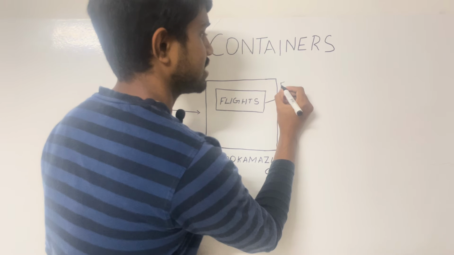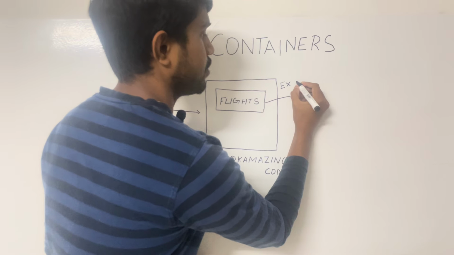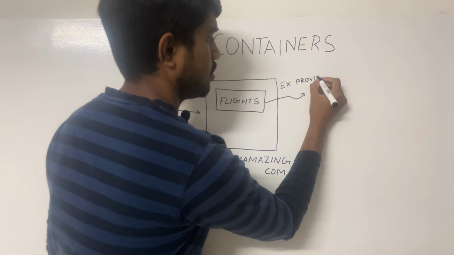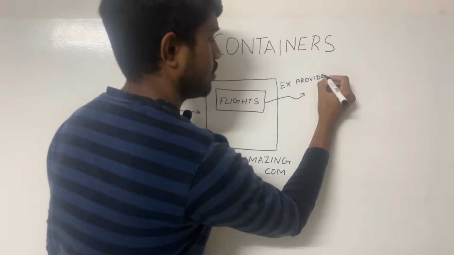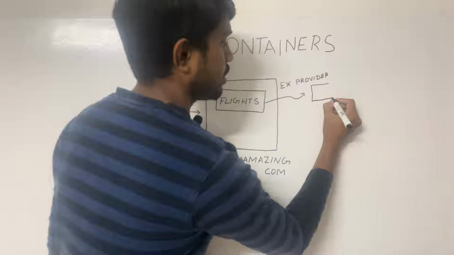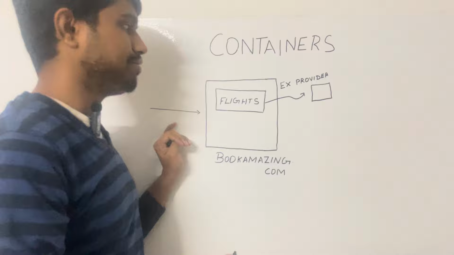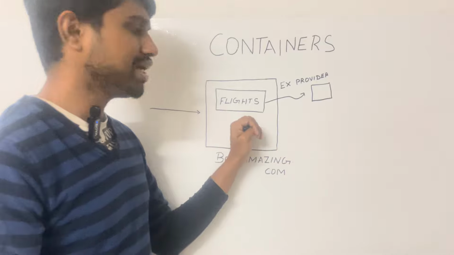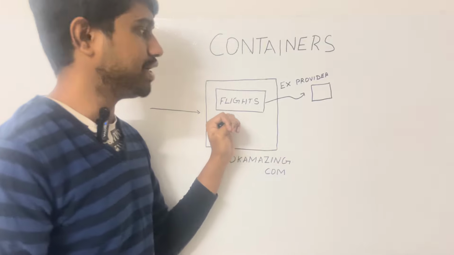This can be an external provider, and you hit their computer to get all the details, give it to them, book them, and give them back the receipt. To make this happen, this much logic needs to be written.